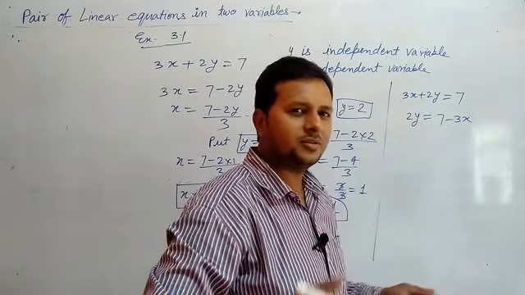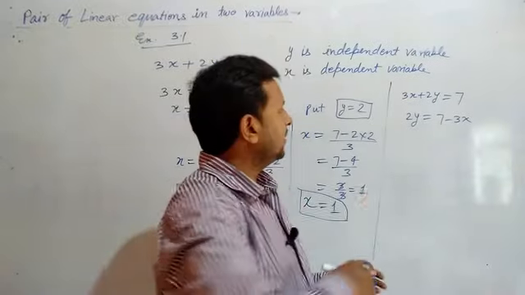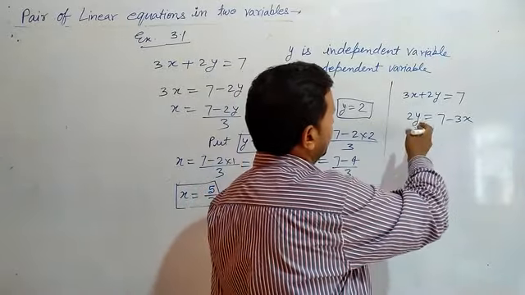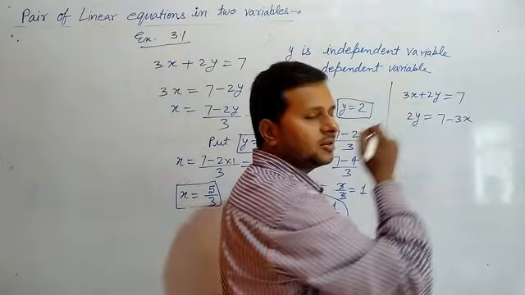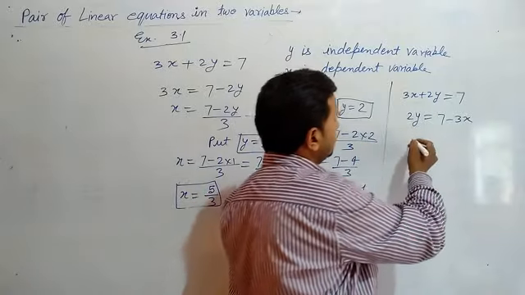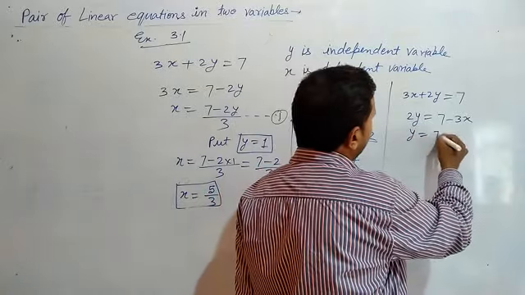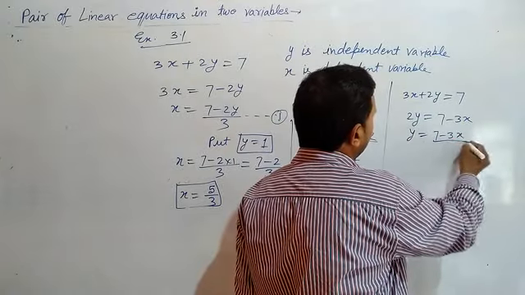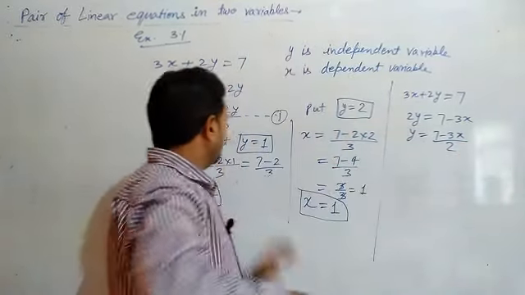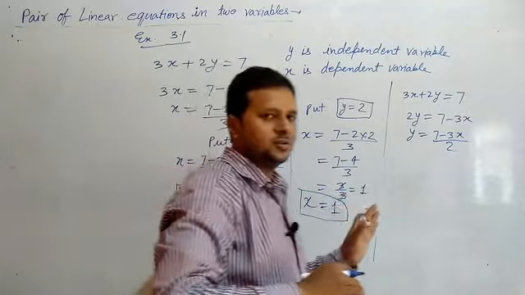Yes, you can write as you wish. Either you put x on the left-hand side or on the right-hand side. Now see here, y is equal to (7 minus 3x) upon 2. The same process is here, but the system is changed.